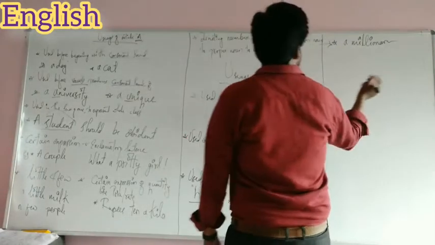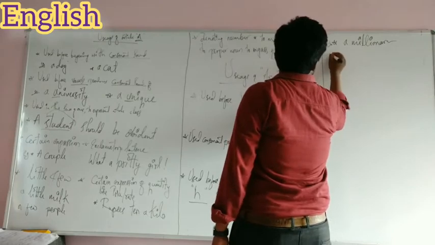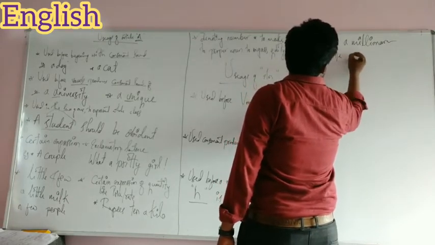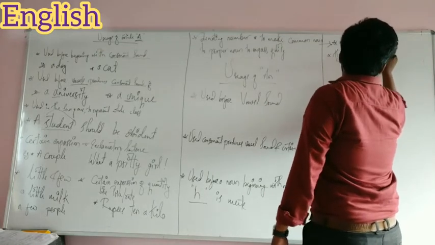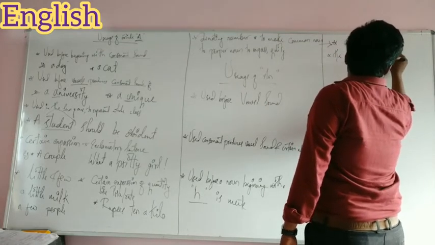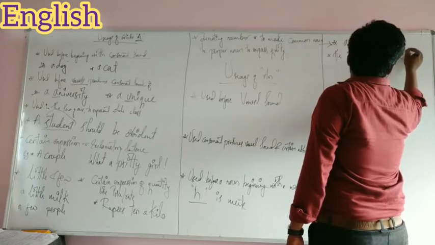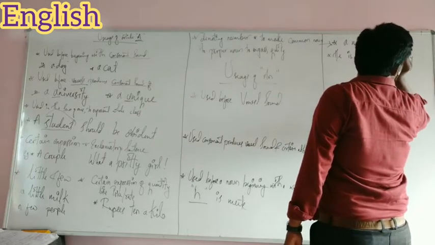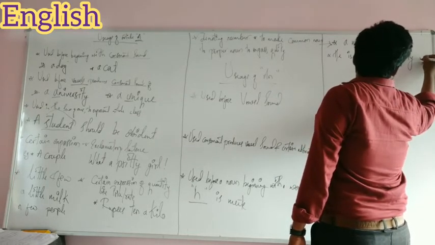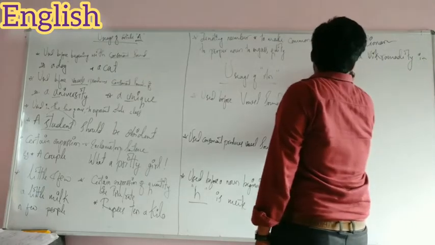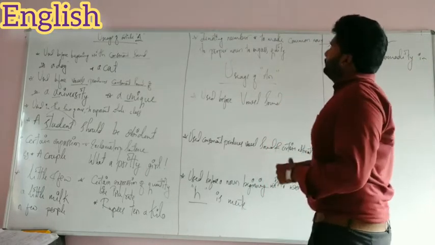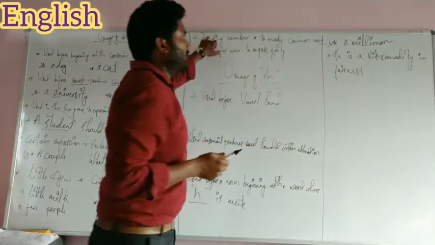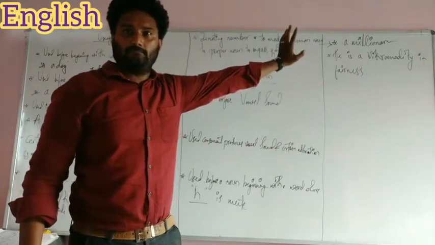Example, he is a Vikramaditya in fairness. See, it denotes the number, a millennium.